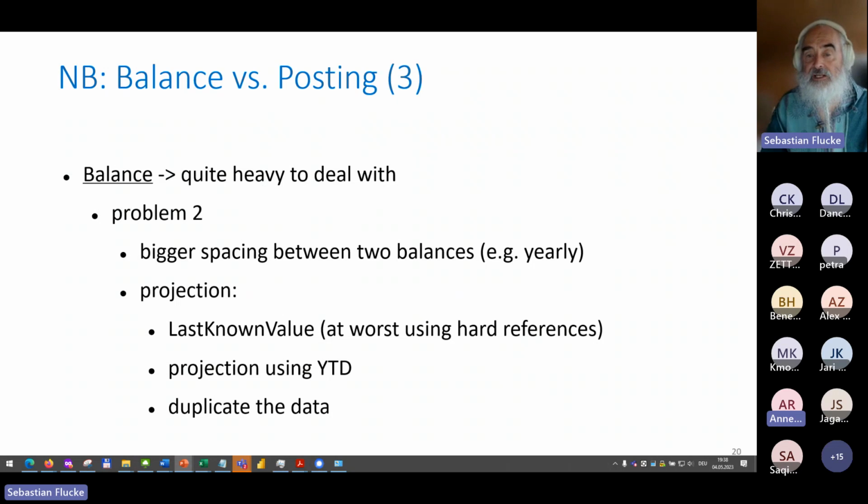We got such balance data, but only once a year or two times a year, or the next data five years later. So we have big ranges, a big distance between two deliveries.